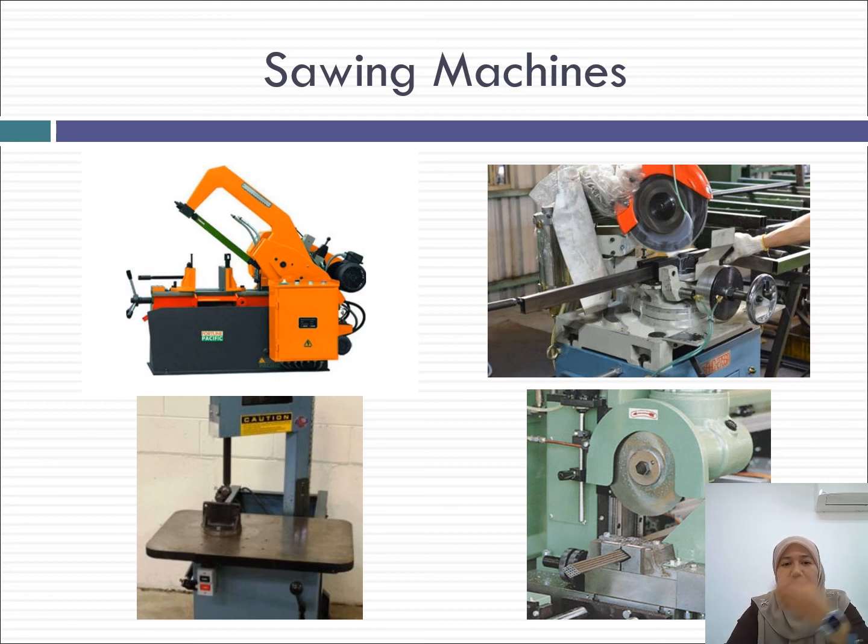On your left, the top picture is the hacksaw. One blade, only cutting at the cutting stroke. Upon the return stroke, no cutting operation happens. The left bottom figure is a bandsaw, which is a vertical bandsaw.